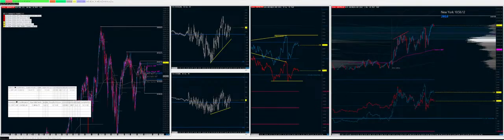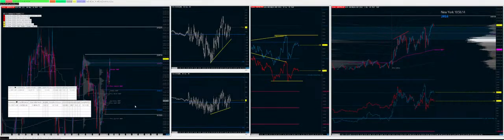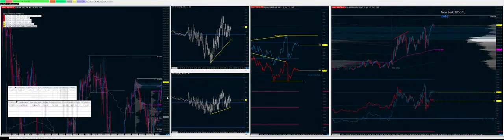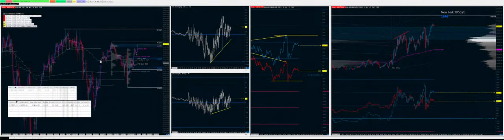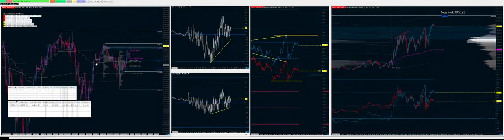Okay, so that's the 4 hour chart. It's still a bit of a mess, but we've got the high right above us, and then the ones up around 123.